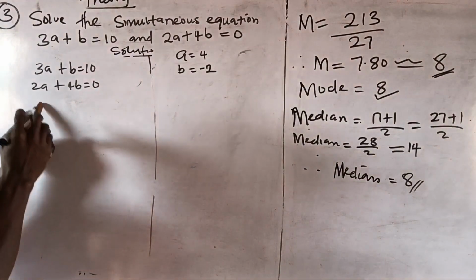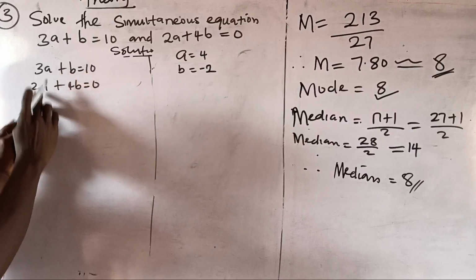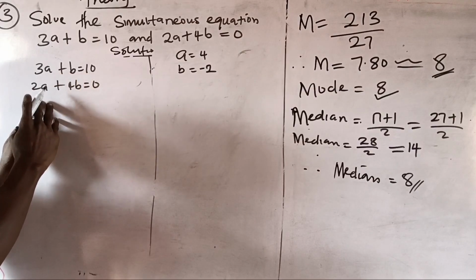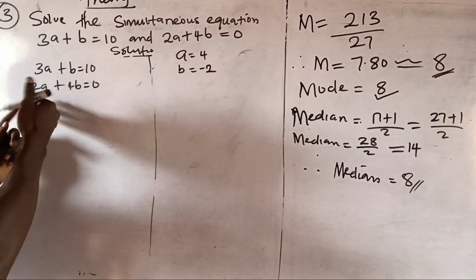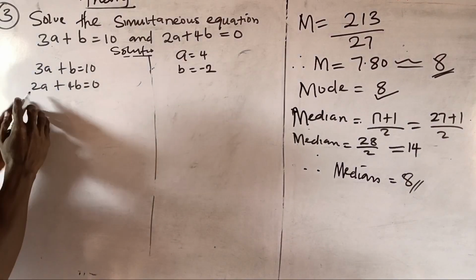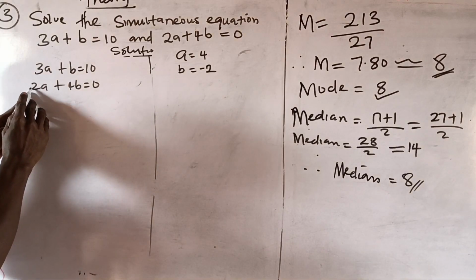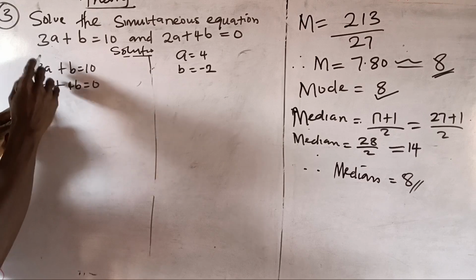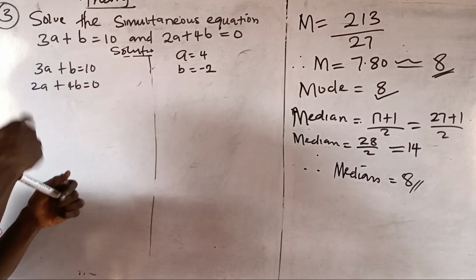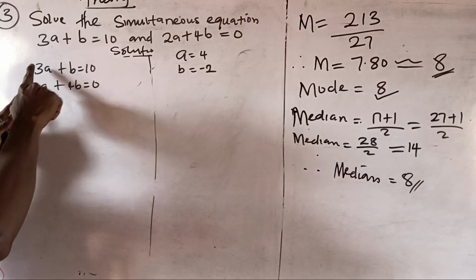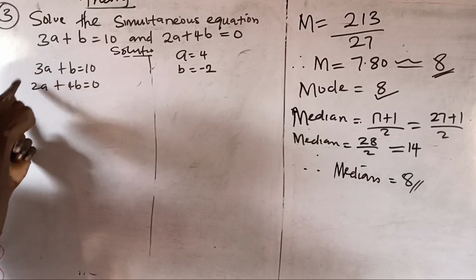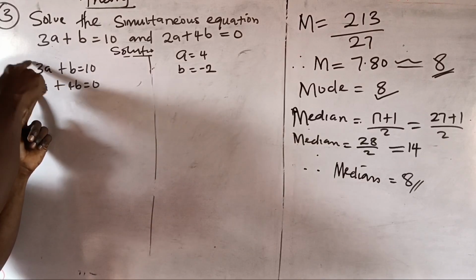So what do I do? I'm going to multiply. Look at these equations. They are not the same, because I want to eliminate. Eliminate means to remove or to kill. So right now I want to eliminate one unknown out of these equations in order to get the other unknown. So I'm going to multiply this value by this, while this one by this.